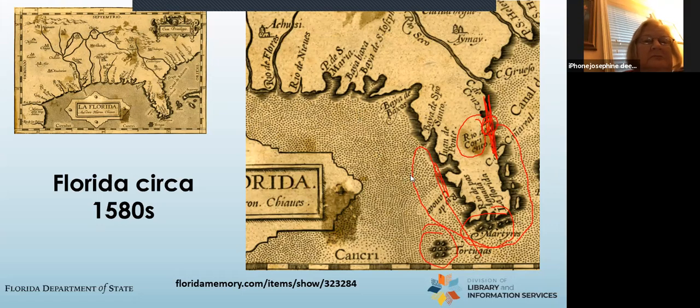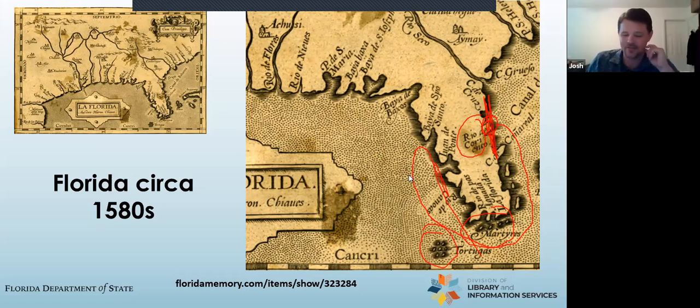So Ferdinand II gives this job to Ponce and says, all right, now you can go back and try to establish a colony, and you can try to go back and explore some more. But first, here's the catch.